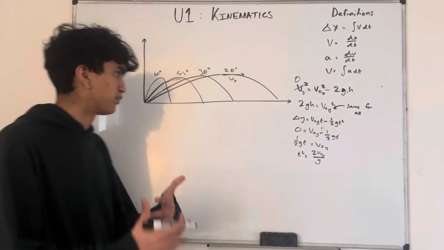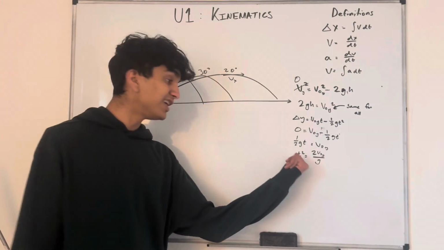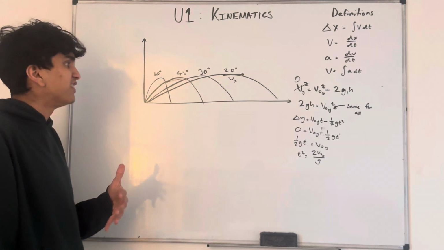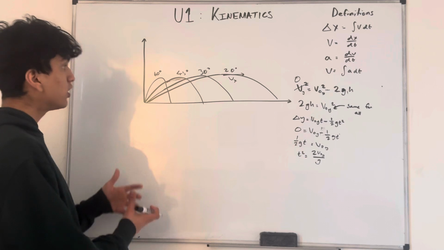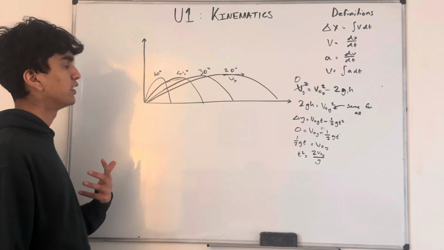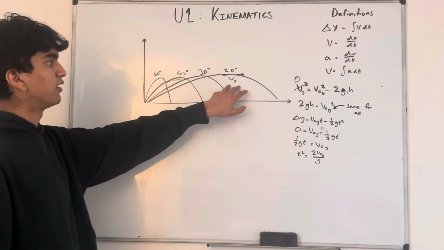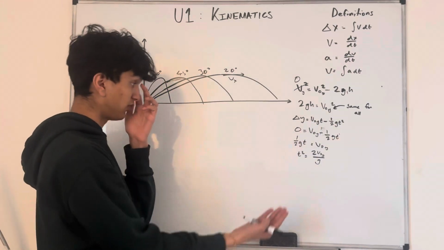And we already kind of proved that v y is constant for both, so the t is constant for both, which is kind of crazy, right? The time in the air is the same for all of them. So that would mean that for the 20 degrees one, it would have the biggest velocity in the x direction because it's traveling the most distance in the same amount of time.